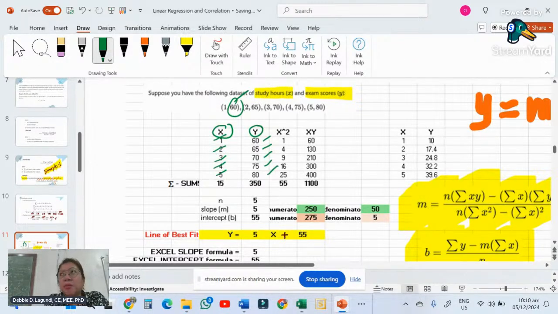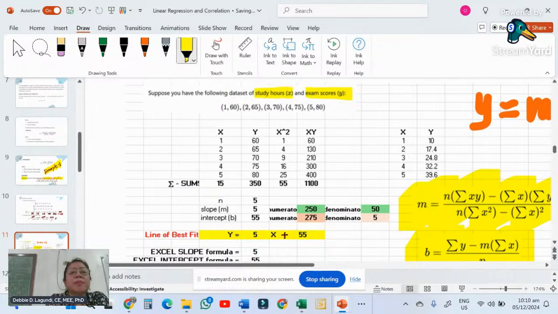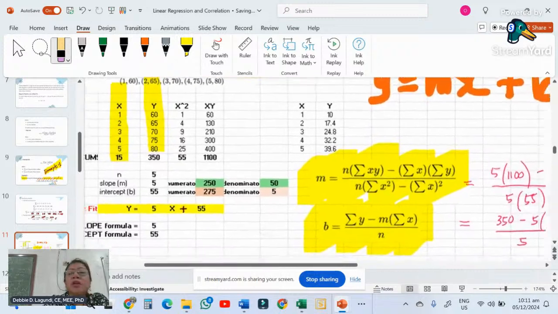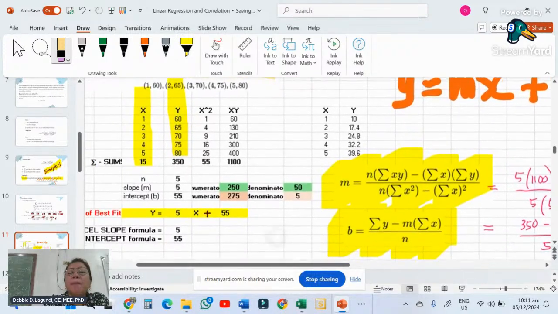Very simple. Okay? Now, what is next is you are going to get their sums. The sum of x is 15. The sum of y is 350. Why do I have to get the sum of x squared? Let's have a look at the formula of m.